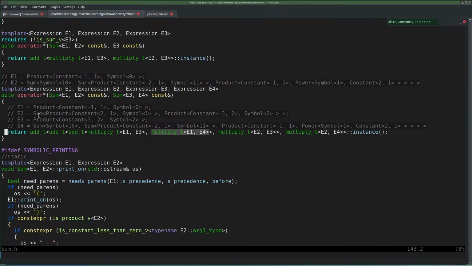The wrong reason could be this one. 3 is a product, is a product. So this is a product times a non-product. This is a non-product times a product. It's the other way. This is a non-product times a product.